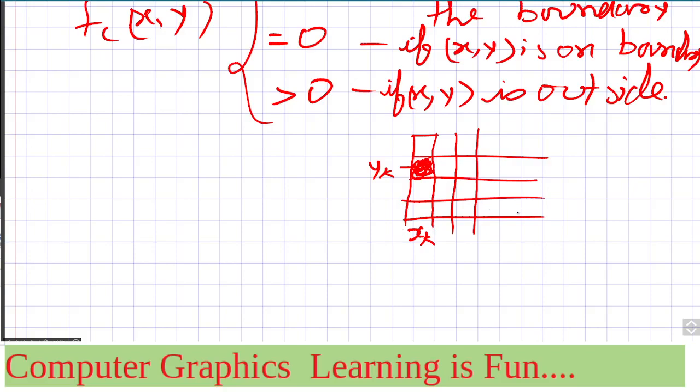Now the next thing is, according to your circle, whatever way your circle is going, it may be going something like this. Anyway, what you have to do is choose a midpoint here.